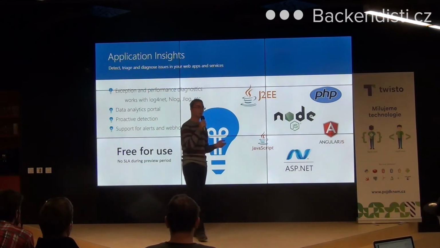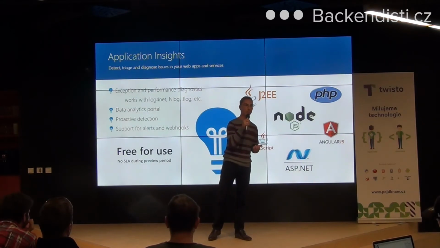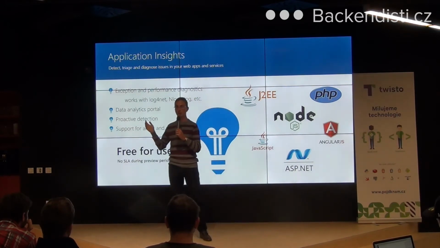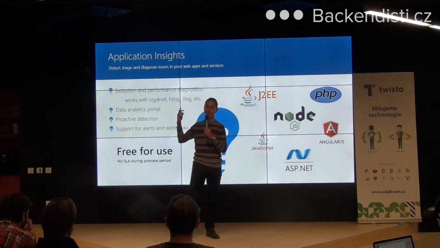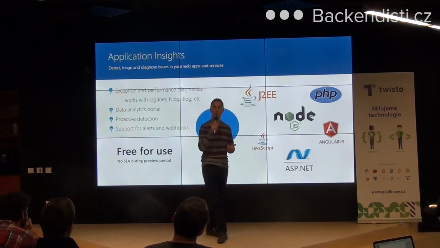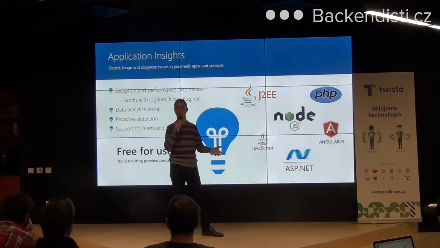In case of PHP, you need to go to GitHub, download some packages and scripts, and include them in your application. And once you have this code in the application, you need to create Azure Application Insights in the Azure environment. After deploying your application, Application Insights will collect the telemetry from your application.